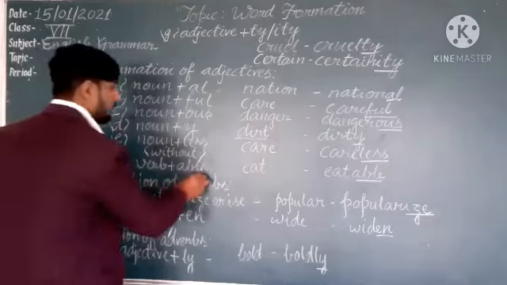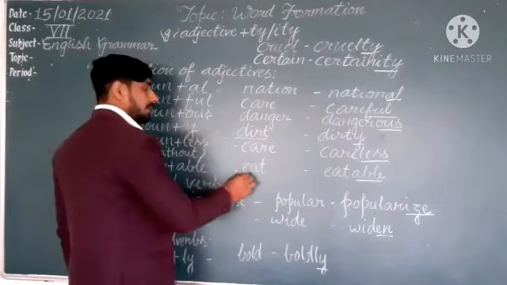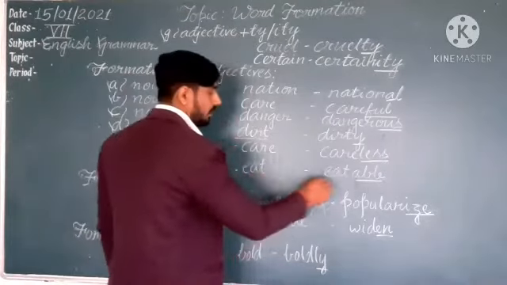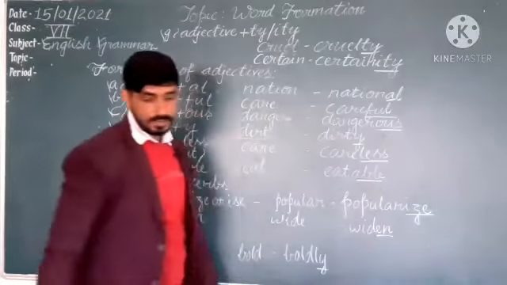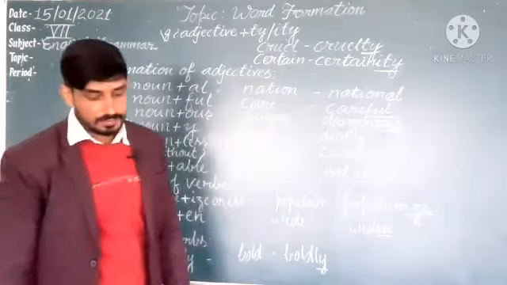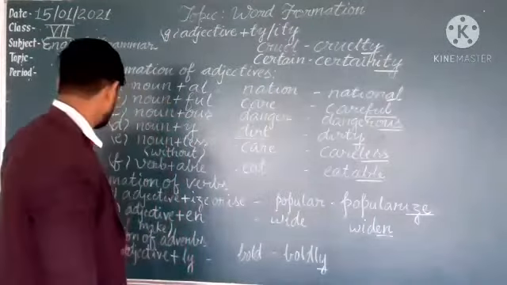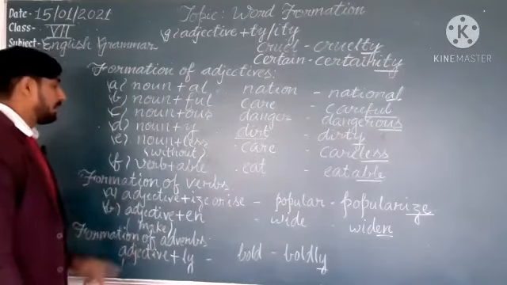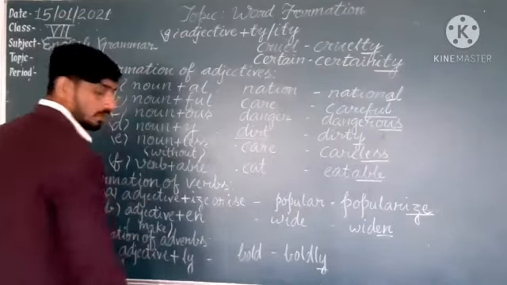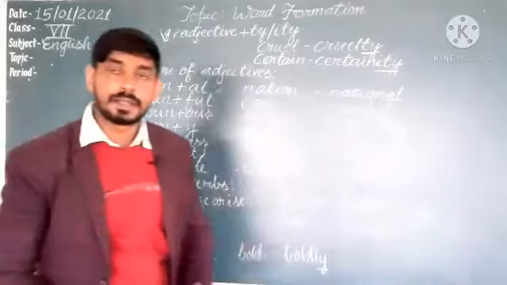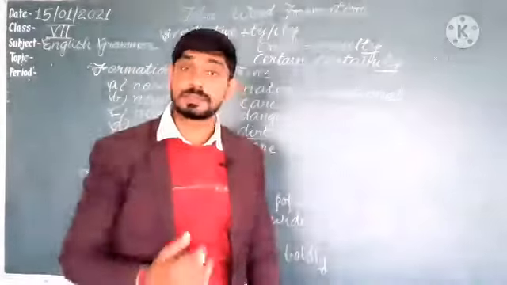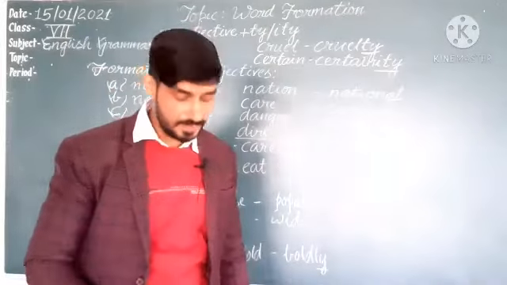Verb plus able, eat, you are getting the word eat, and we are adding the word able, eatable. Understand? So eatable means can be eaten. Able means someone is able to do something.